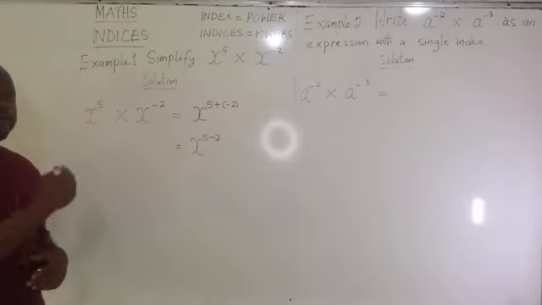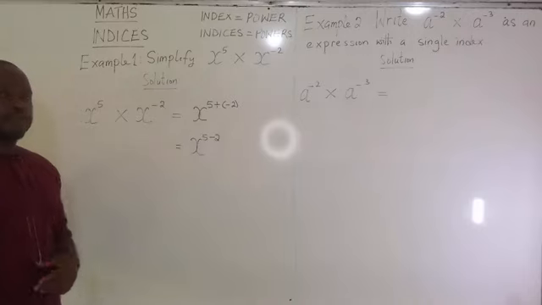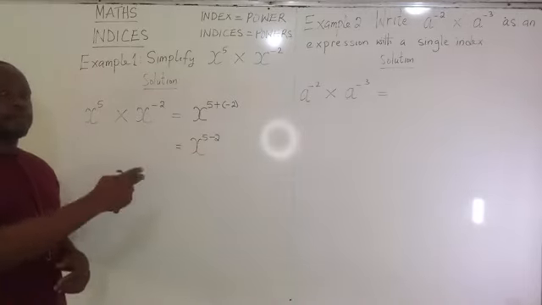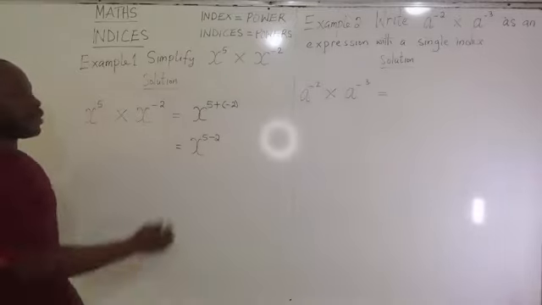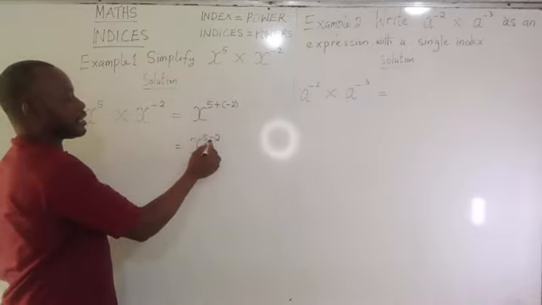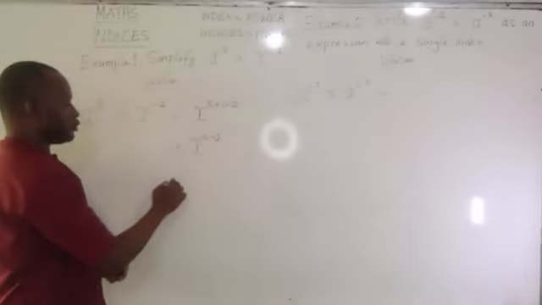That is, minus times plus equals minus. Do you remember? And plus times minus equals minus. So here what you have is plus times minus. It has given us a single sign here, minus. Do you understand?